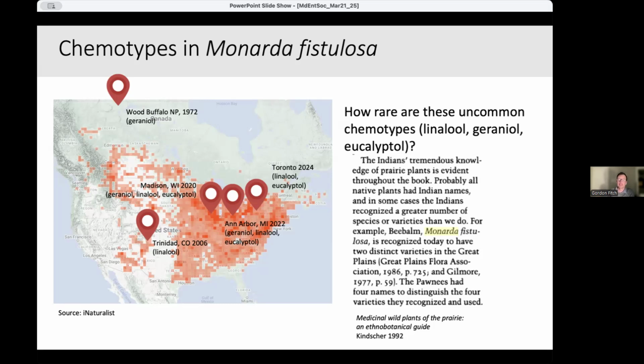Like, I think in this book they're thinking that these are different subspecies, but I would bet that what these different names refer to are actually the different chemotypes, particularly because these names were associated with different medicinal practices that these indigenous peoples used, which just yet again points out how, here we are, Western science, thinking we are so advanced in our knowledge and often can learn a lot from people who have been on the land longer and had ways of thinking about and knowing the landscape that we're still struggling to keep up with.